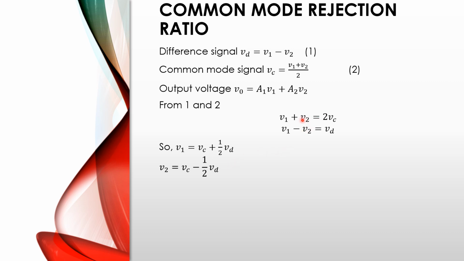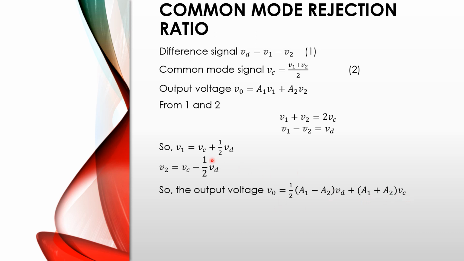If we solve V1 plus V2 equal to 2 Vc and V1 minus V2 equal to Vd, we get V1 equal to Vc plus half Vd and V2 equal to Vc minus half Vd. If we substitute this V1 and V2 value in this equation, we get the output voltage. So the output voltage V0 equals half (A1 minus A2) Vd plus (A1 plus A2) Vc.